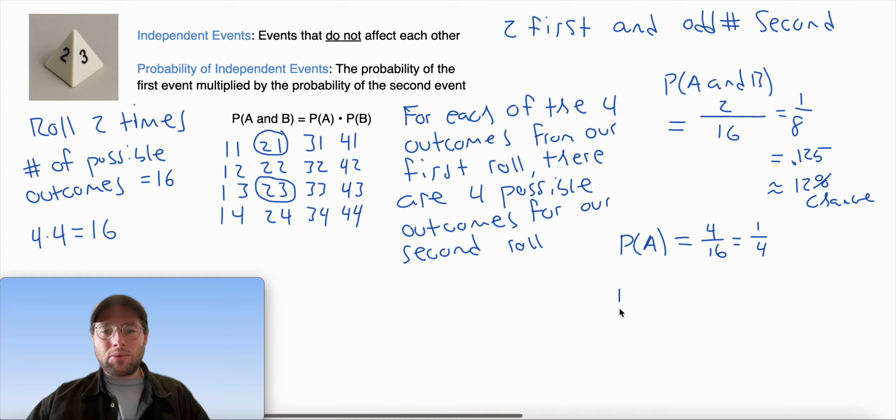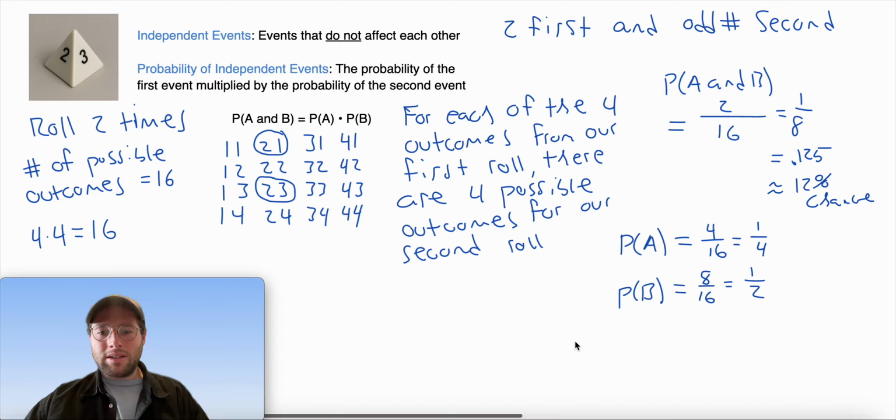And then the probability of B, which is that we roll an odd number second, we have to look at all the outcomes where an odd number is rolled second. We have 1, 2, 3, 4, 5, 6, 7, and 8 here. So that's 8 out of 16, which we can simplify to 1/2.